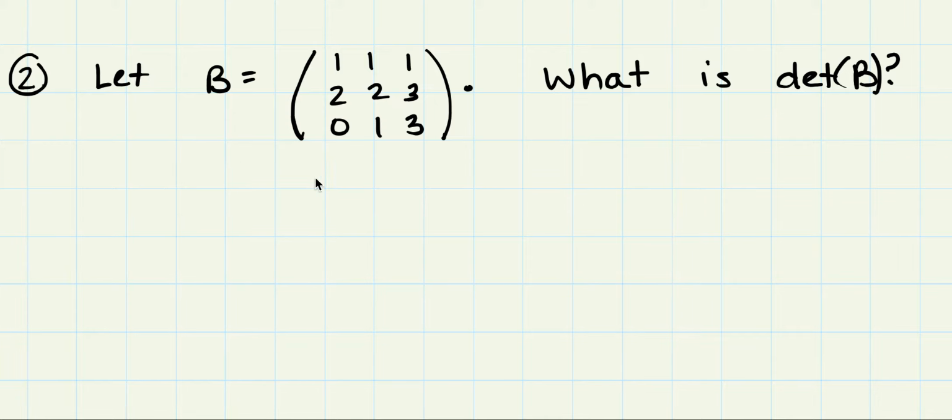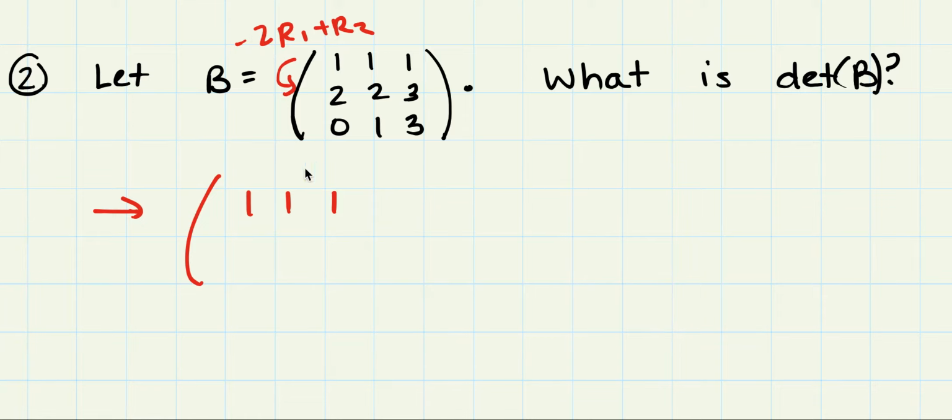Okay, what I'm going to do is subtract row 1 from row 2. So I get that this matrix, you can write it as, in fact, let's multiply it by -2, sorry.